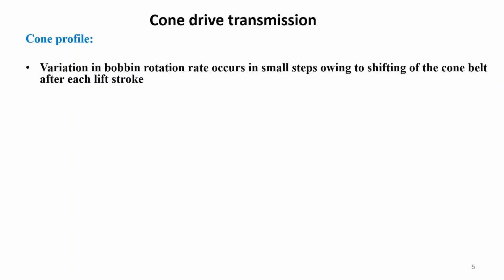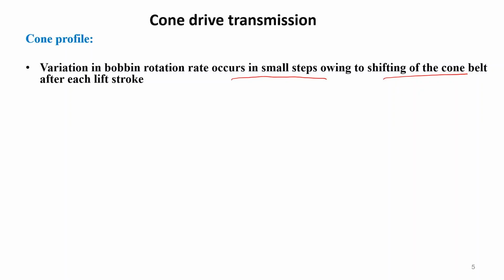So, in the cone drive transmission, the cone profile is there, and the variation in bobbin rotation rate occurs in small steps owing to the shifting of the cone belt, after each stroke, each lift.